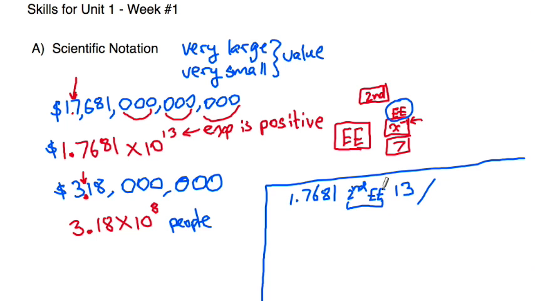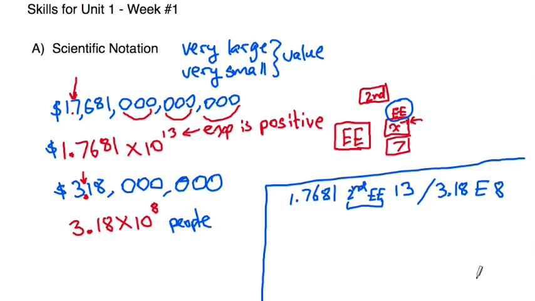On the calculator, if you hit second EE, it only shows one capital E on the screen, so don't worry about the second one. And you're going to divide that by 3.18, get that E on the screen by going second x to the negative 1, and then the power there is 8. So don't try to write times 10 to the 8th.